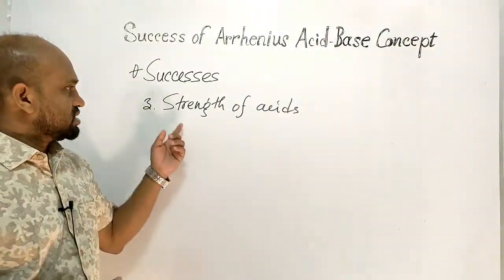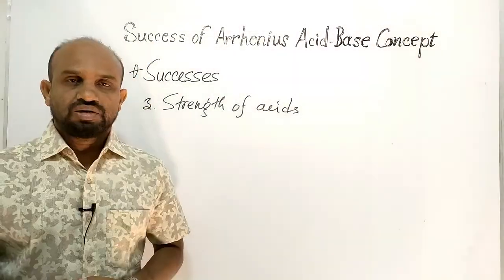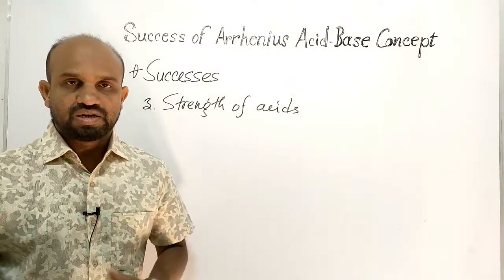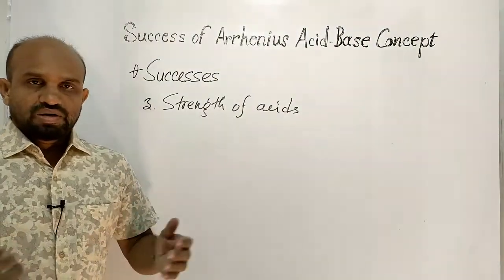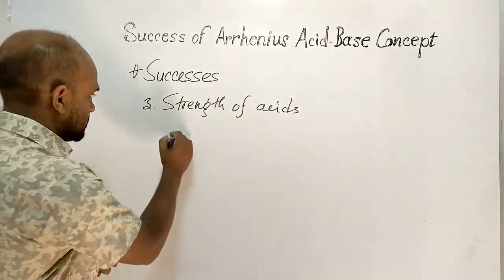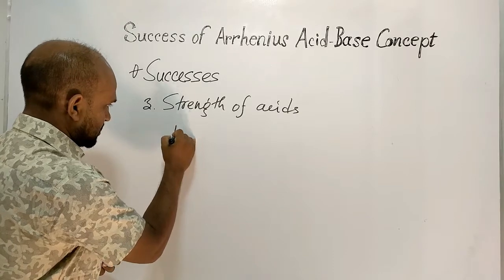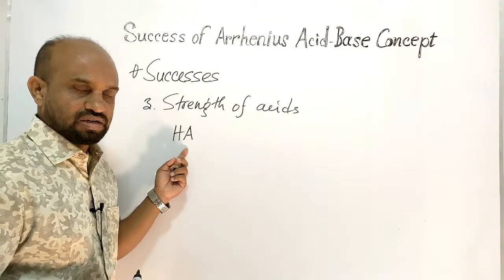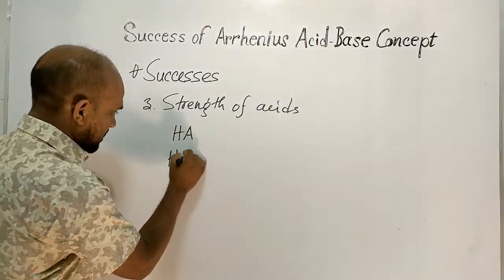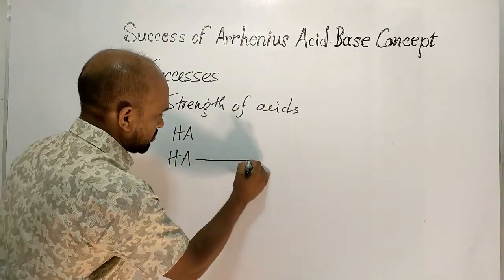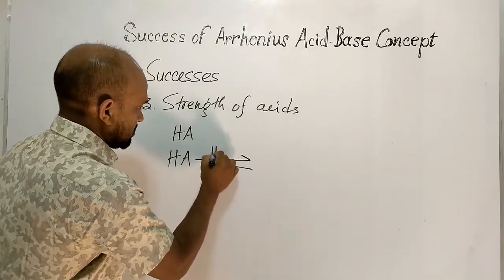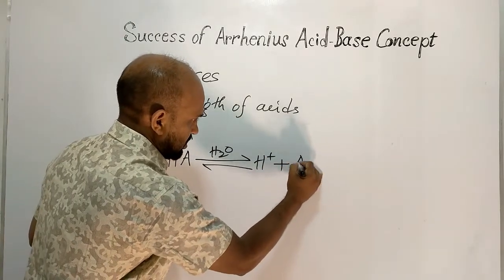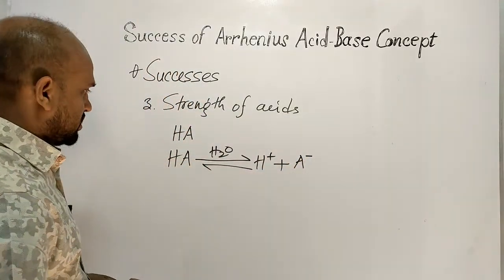Now the point is strength of acids, which can be explained by the Arrhenius Acid-Base Concept very clearly. First of all, let's consider a symbolic acid, HA, the symbol of an Arrhenius acid. When this acid is dissolved in water, then proton is formed and the anion is formed.